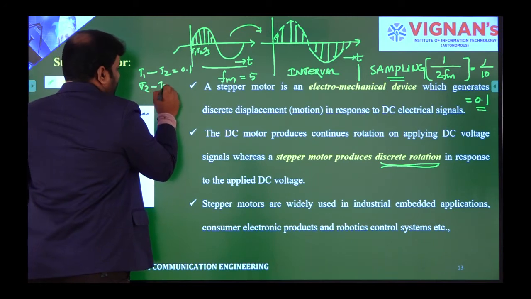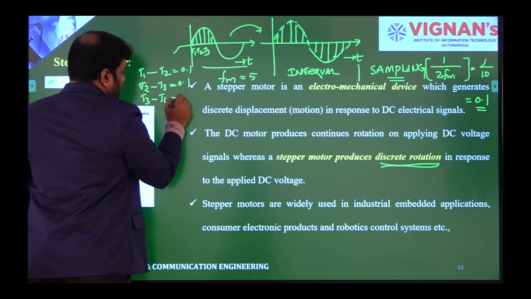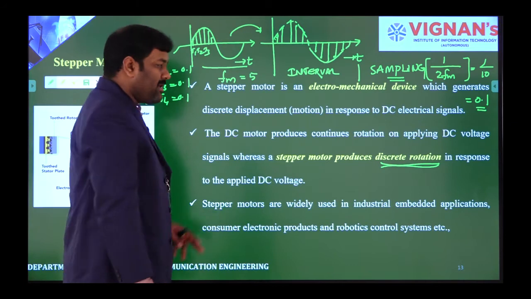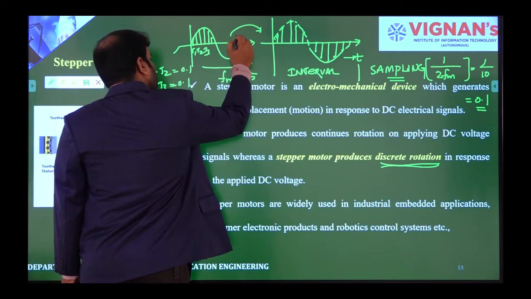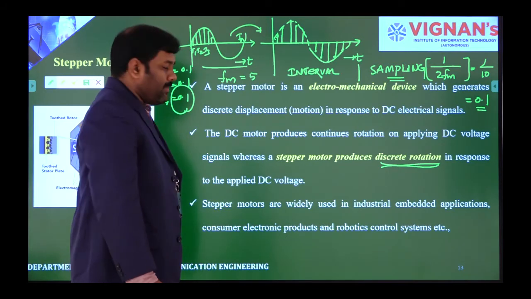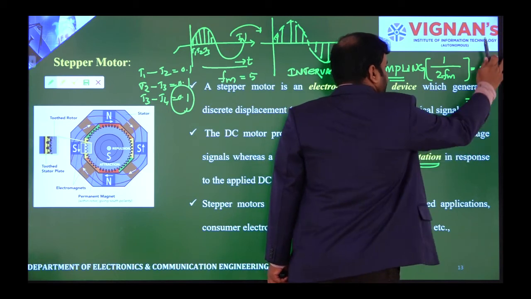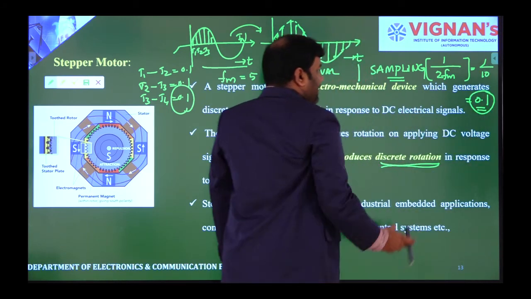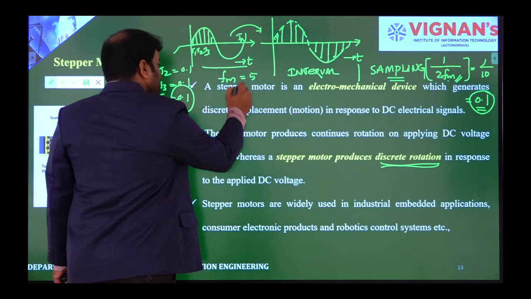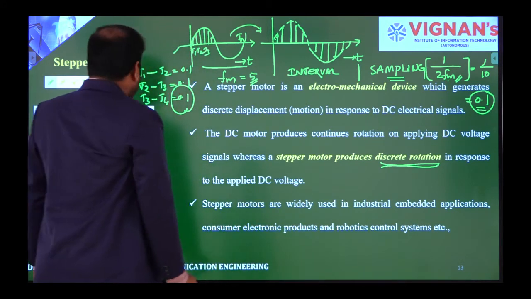T2 to T3 is also 0.1. T3 to T4 is also 0.1. The difference between any interval from T1 to Tn is 0.1 only, because we are doing the sampling based on 0.1 only. Why? Because I have taken the formula as 1 by 2 FM. Where FM is 5 Hz, obviously I will get 0.1 as my interval.